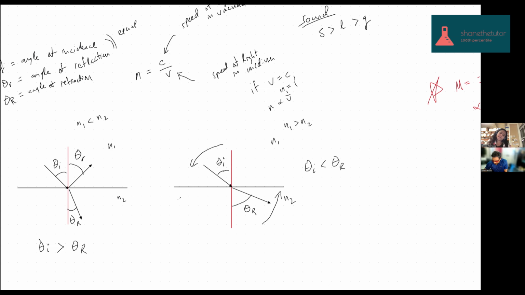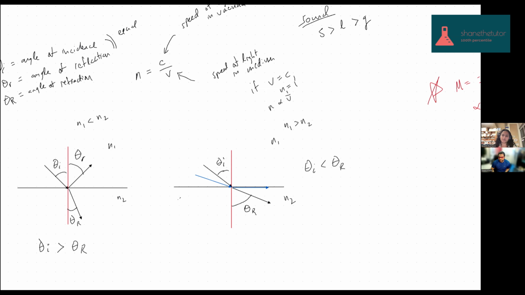So let's say we do that until the angle of refraction is 90 degrees, until the refracted ray is right there along that interface.